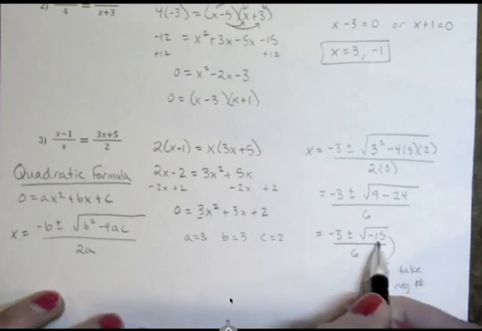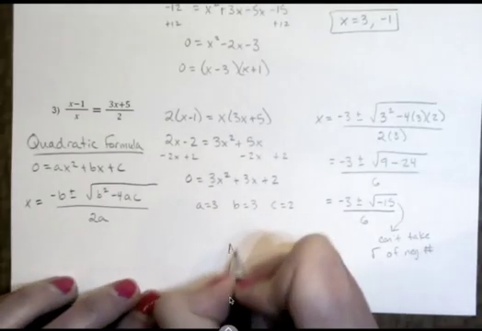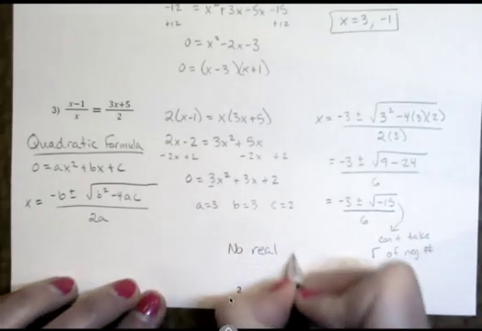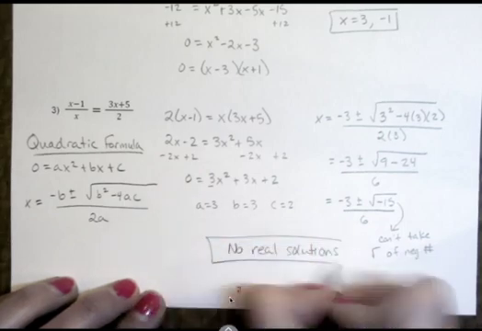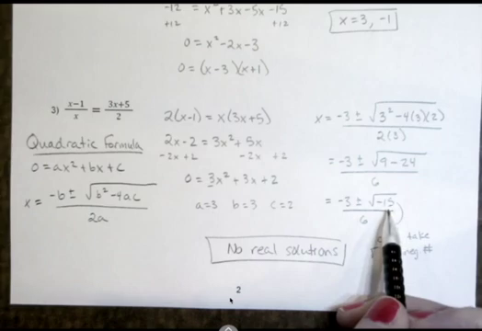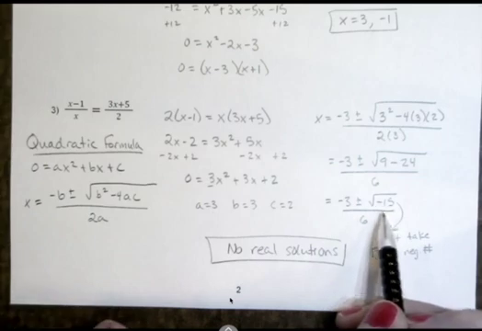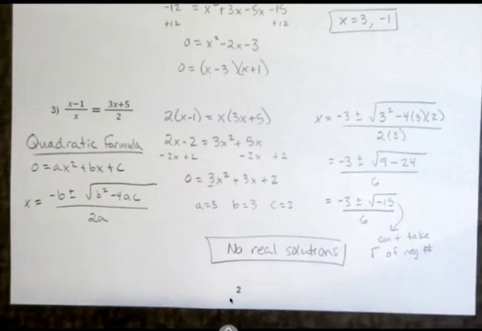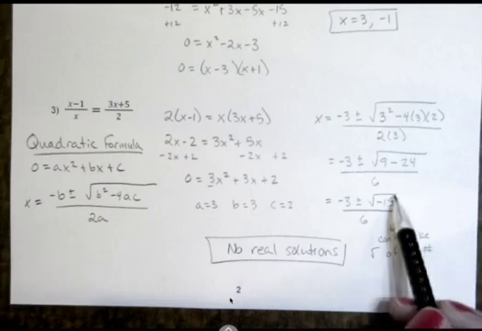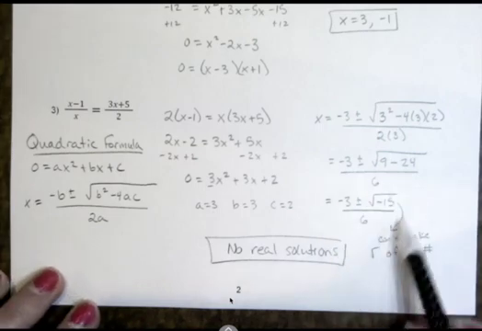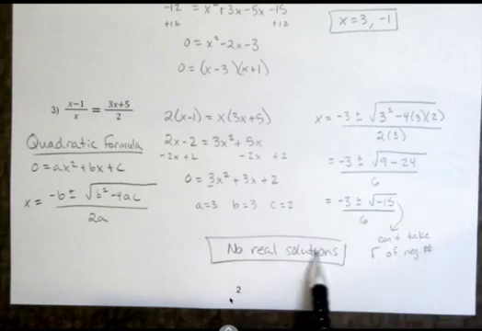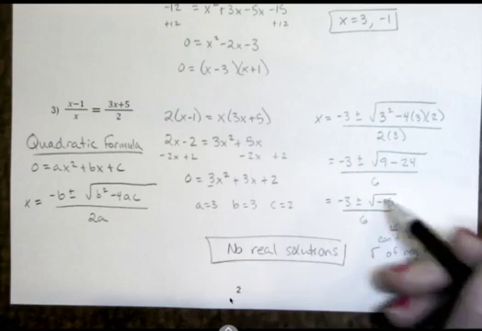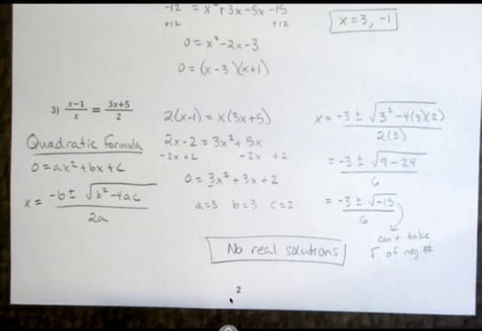Anytime we get that, we say there are no real solutions. If this had been a positive 15, we would leave it just like this. So either leave your answer in this form, which will look kind of funky because it still has a square root in it, that's fine, or no real solutions if you do get a negative underneath that square root.